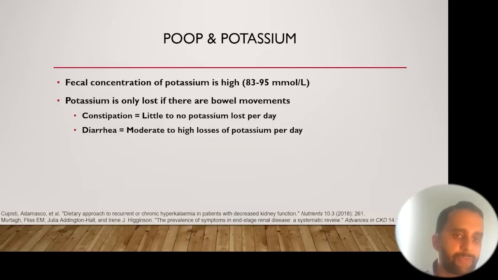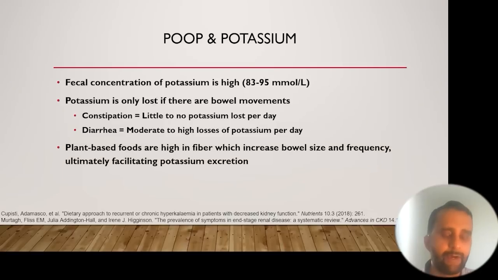On the contrary, those with diarrhea have moderate to high losses of potassium per day, which is why patients who get admitted or come to the emergency room with diarrhea from food poisoning or some other reason often have low potassium levels, because they're losing so much potassium in their stool.